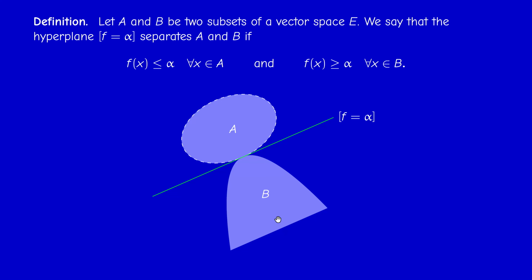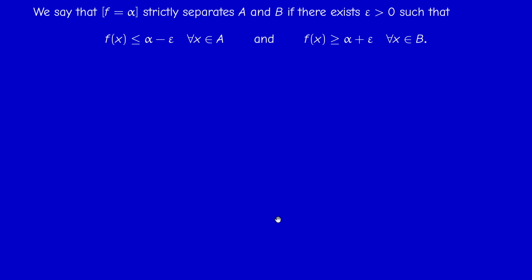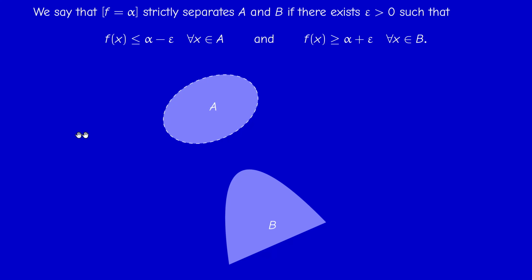Now there is a stronger notion of separation, which is strict separation. So we say that the hyperplane f equal alpha strictly separates A and B if there exists a positive number epsilon such that f of x is less or equal than alpha minus epsilon for all x in A, and we have the reverse: f of x is bigger or equal than alpha plus epsilon for every x in B. So we have a situation like this.